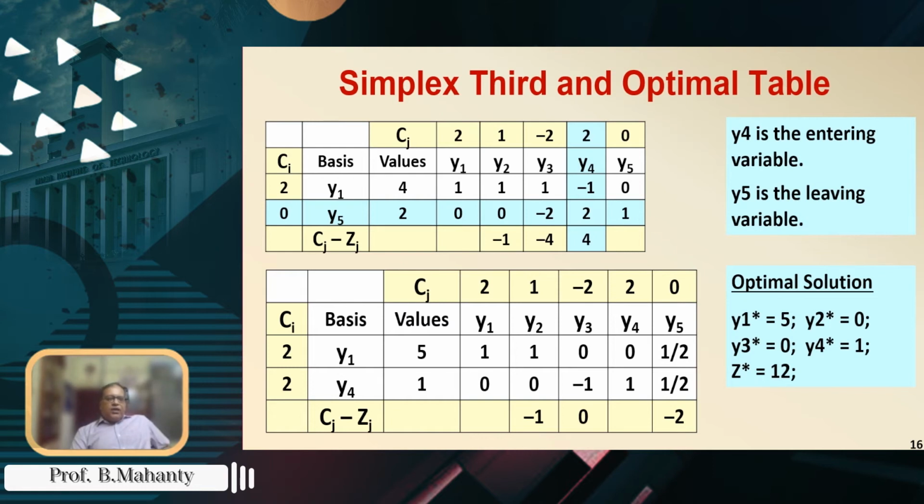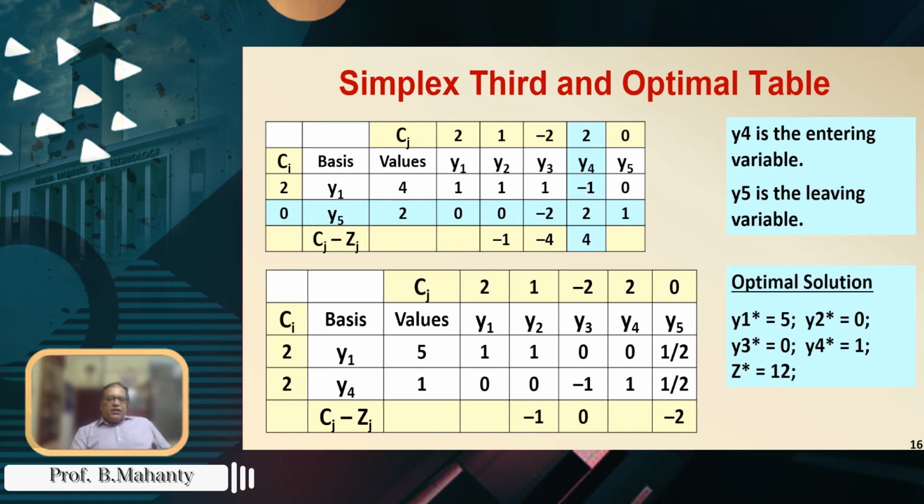All right, so y4 now enters, and as y4 enters, first of all, we write the key row by dividing everything by the intersecting element. So it should be 1 0 0 minus 1 1 and half. And the remaining coefficients are also calculated.